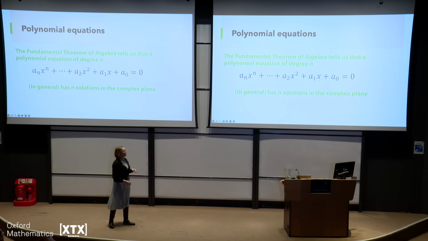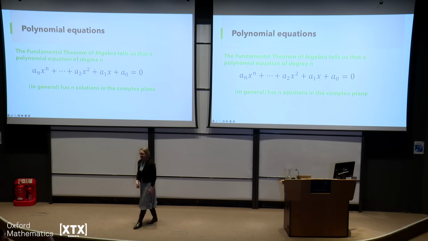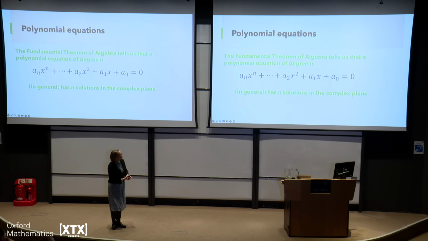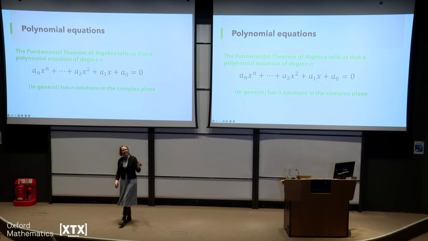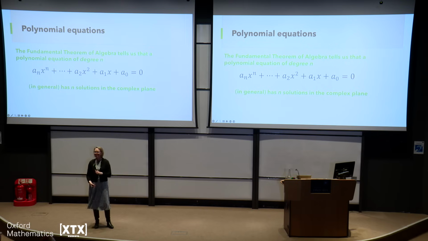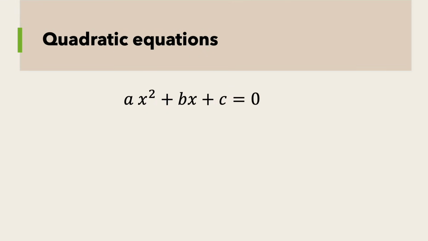Okay? So there will be these singularities where you get fewer solutions. And what that means is actually some of the solutions are going to repeat themselves. So like plus 0 and minus 0 are the same thing. Okay? So back to quadratic equations.